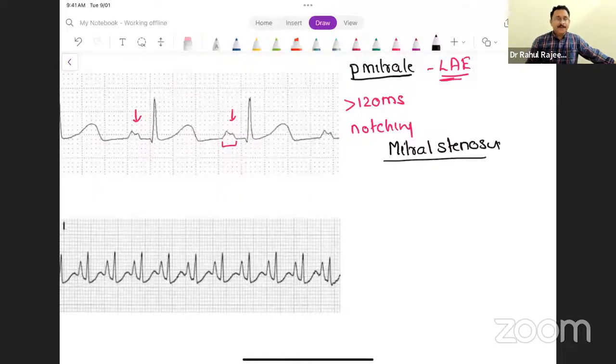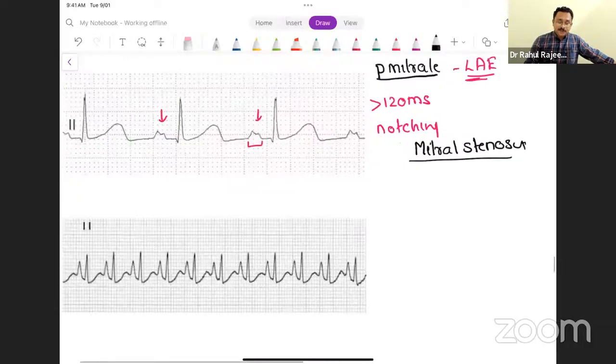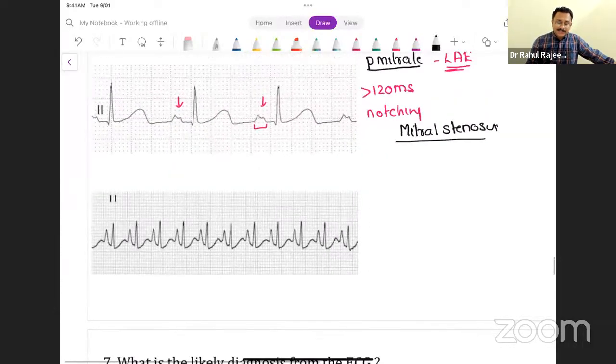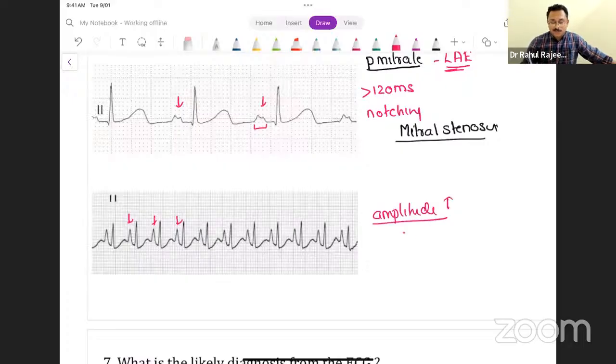Okay, right. And again, if you see here, there is another ECG, which is also showing an abnormality of the P wave. But what are you seeing here? Here you are seeing a P wave which is taller than usual. The amplitude of the P wave is increased, which is more than 2.5 millimeter.